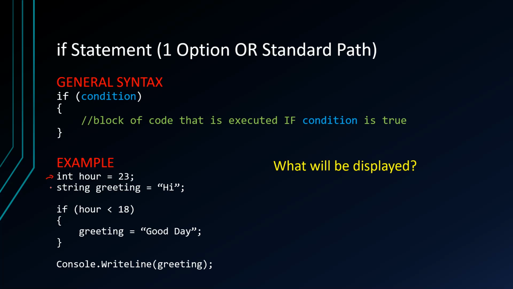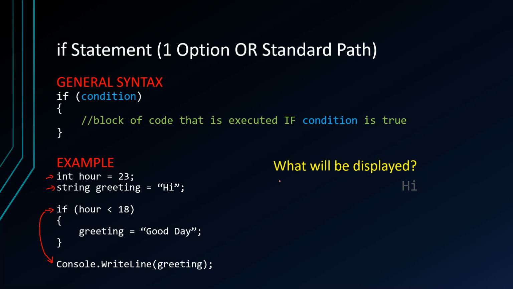It'll create a variable, store the value 23, create a variable, store the value hi, then it'll work down and it will do this comparison. It'll say, is hour less than 18? No. So it's going to jump over and skip this code and continue on with the rest of the program because it failed the check. So greeting still has the value hi. So what should we see on the screen right now? We should see hi. Great.